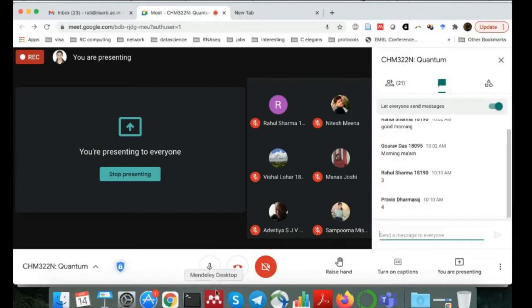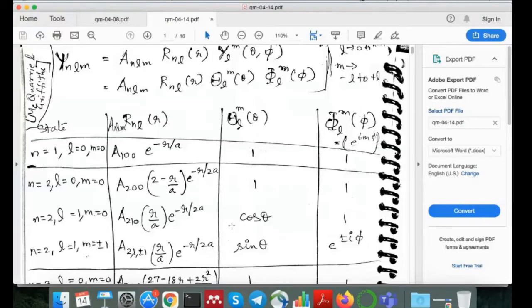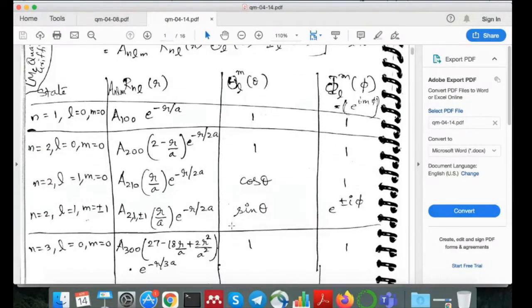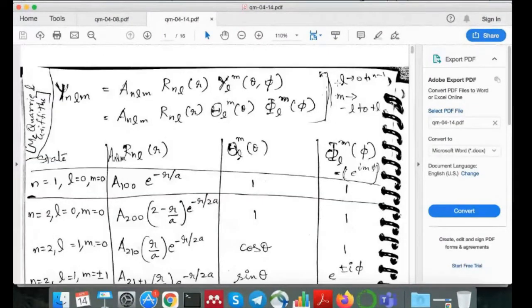For the third energy level, how many degenerate states? Do a count and let me know. Right? So this I'm showing you, L can go from 0 to N minus 1, M can go from minus L to plus L. So do this count and let me know for N equal to 3, how many you will see.